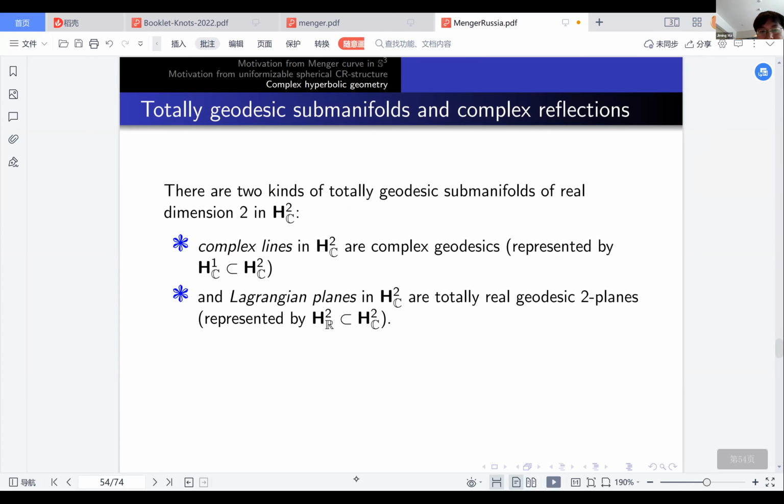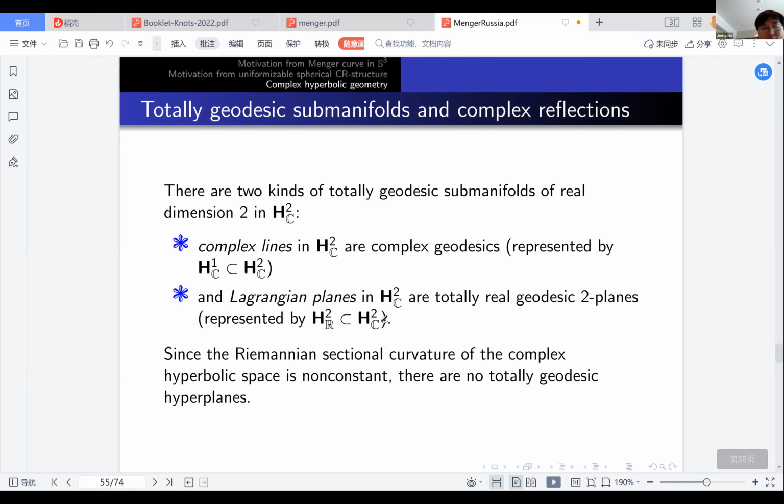And the second one is the so-called Lagrangian planes in HC2, which is just the two-dimensional real hyperbolic space, a totally geodesic subspace of two-dimensional complex hyperbolic space, which also has codimension 2. And since the sectional curvature of complex hyperbolic space is non-constant, there are no totally geodesic hyperplanes.